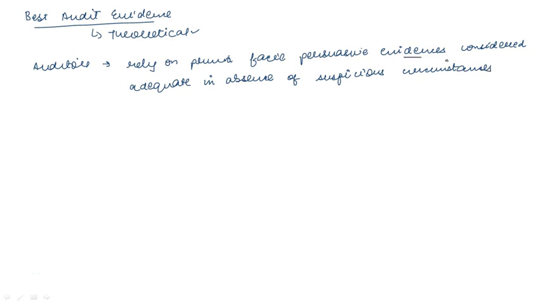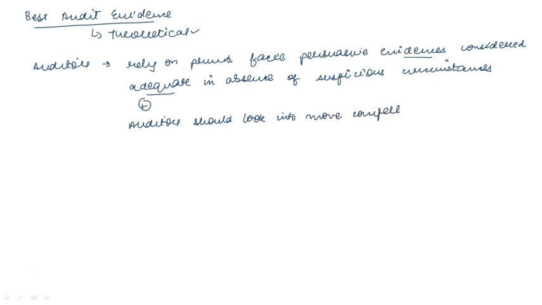The evidences which are considered adequate, in the presence of suspicious circumstances, are the best audit evidences. जो आपको लगता है वो evidence ठीक है, हाँ इसके ऊपर we can rely, then that can be adequate. Plus, the auditor should look into more compelling evidences.